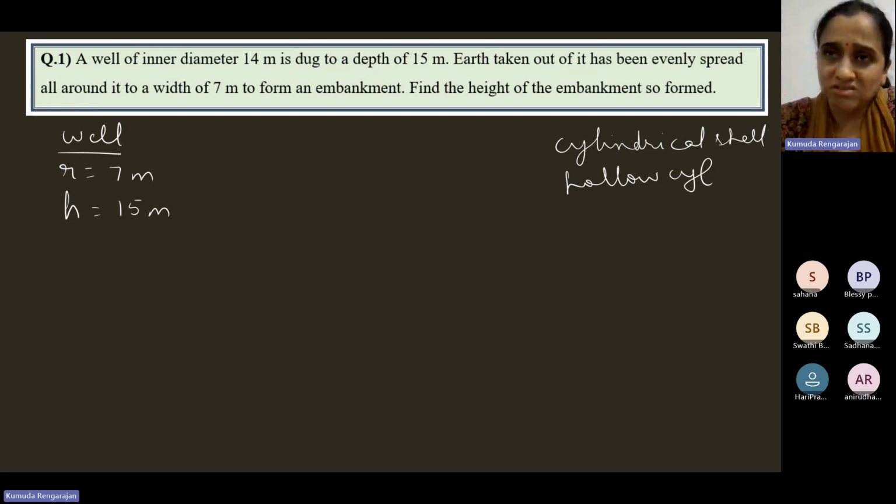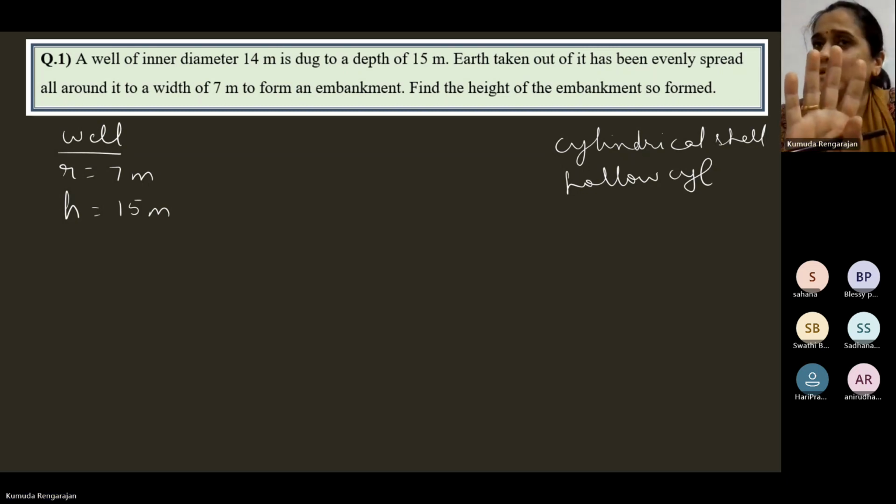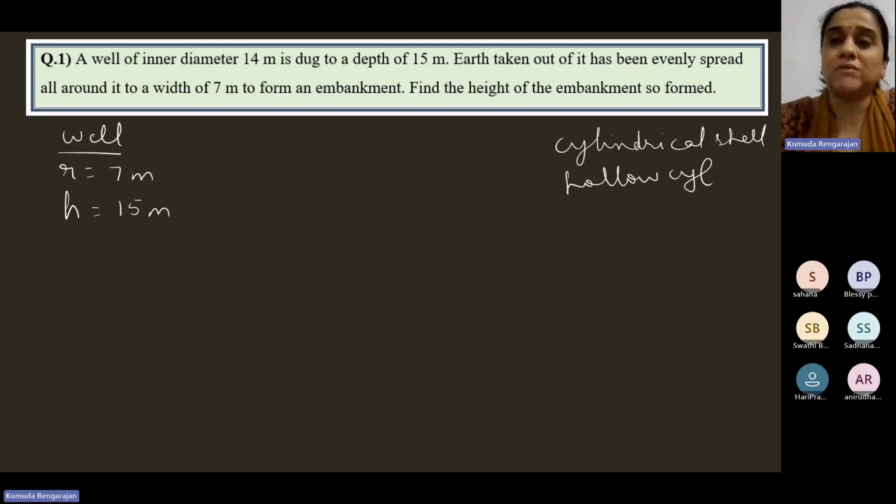Case one where the wall is thin, so there's only one radius, and case two where the wall is thick. If the wall is thin, the internal radius and the external radius are almost the same. But when the wall is thick, the internal radius is smaller than the external radius. The external radius will be the internal radius plus the thickness of the wall.